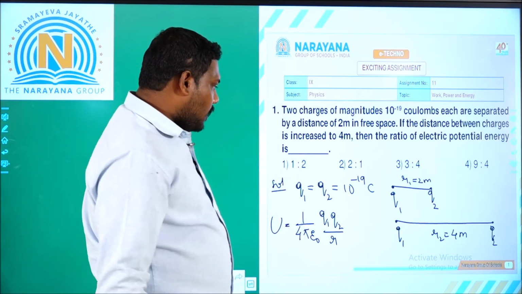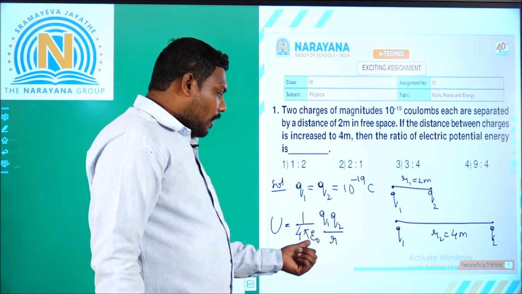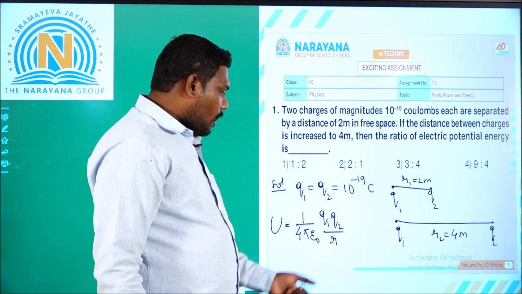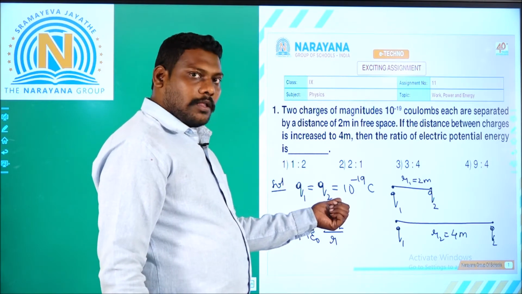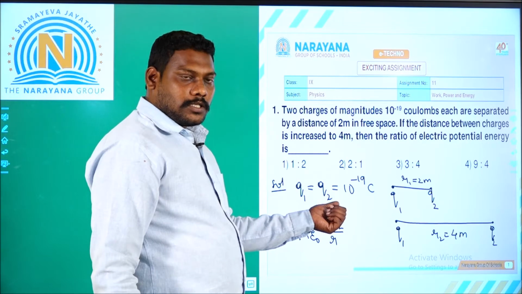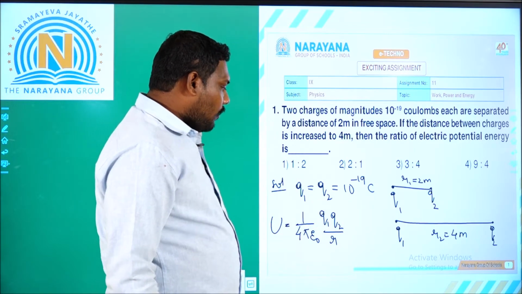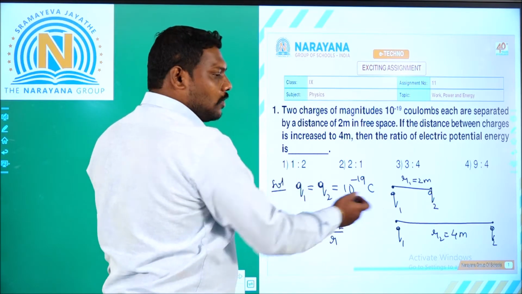So as you can see here, the 1 by 4 pi epsilon naught is a constant. Q1, Q2 is also constant, right? The charges are not changed. So here, the only variable is the distance between the two charges.